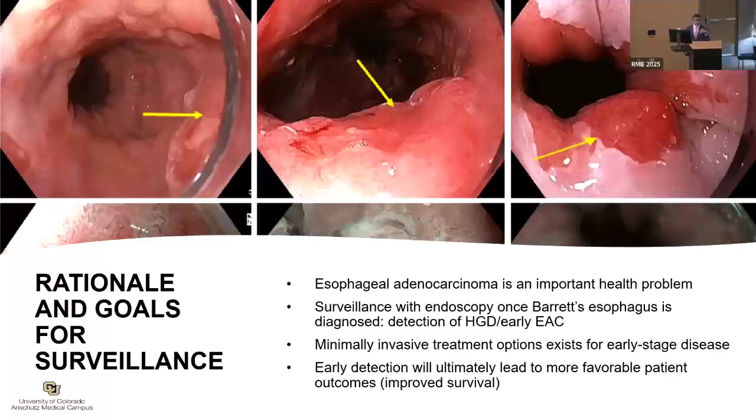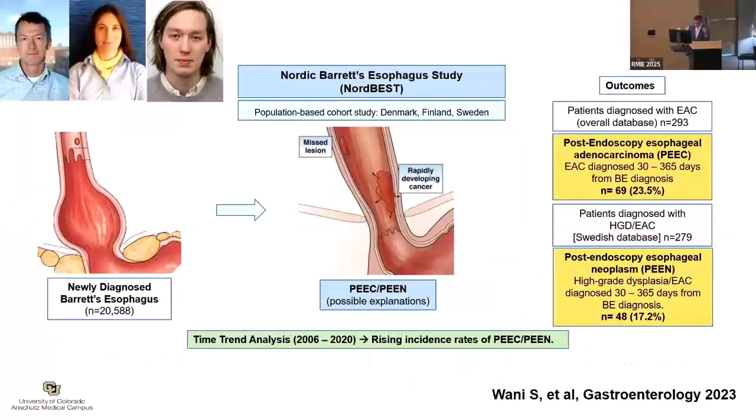Our goal of doing surveillance is fairly simple: to identify those patients with Barrett's with high-grade dysplasia and early cancer, so that these patients can then undergo endoscopic eradication therapy and avoid the morbidity and mortality related to esophagectomy. Our ultimate goal, of course, is to improve outcomes related to esophageal adenocarcinoma.